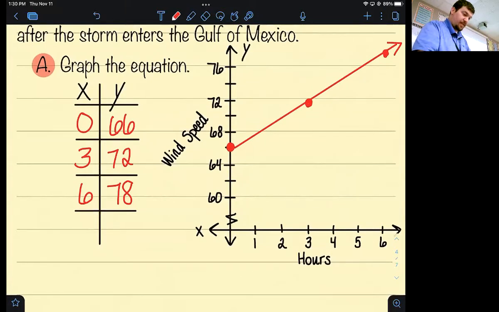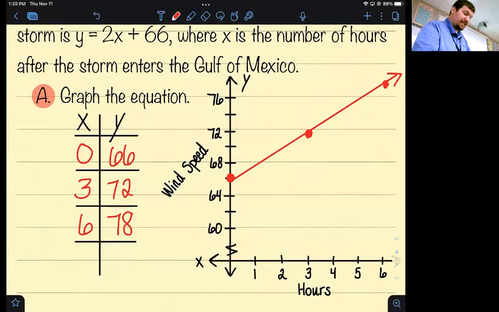At 6 hours. At 6 hours, it's 78 though, so it's before 6 hours. According to our line that we drew, which is somewhat accurate, do you see 74 miles per hour on the y-axis? It's between 76 and 72, right?